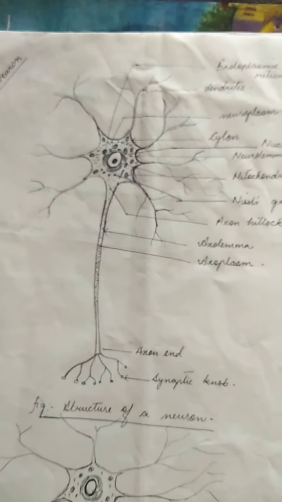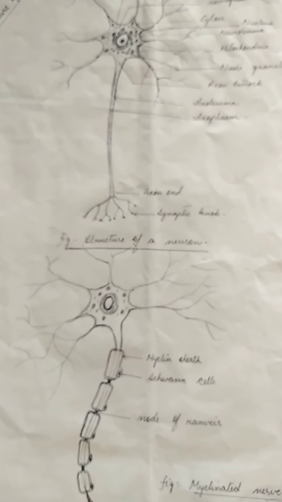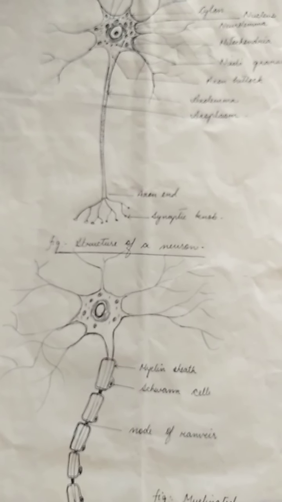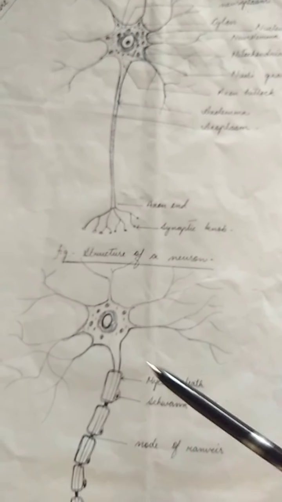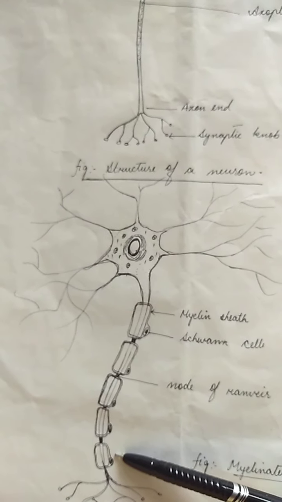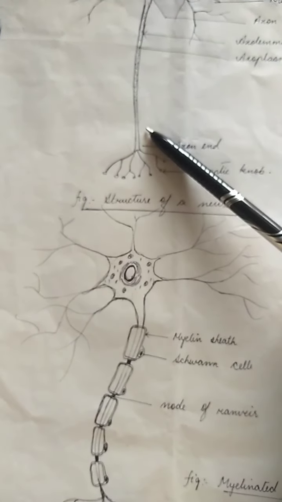Next, types of nerve fibers. Depending on the presence of myelin sheath around the axon, nerve fibers can be divided into myelinated nerve fibers and non-myelinated nerve fibers.